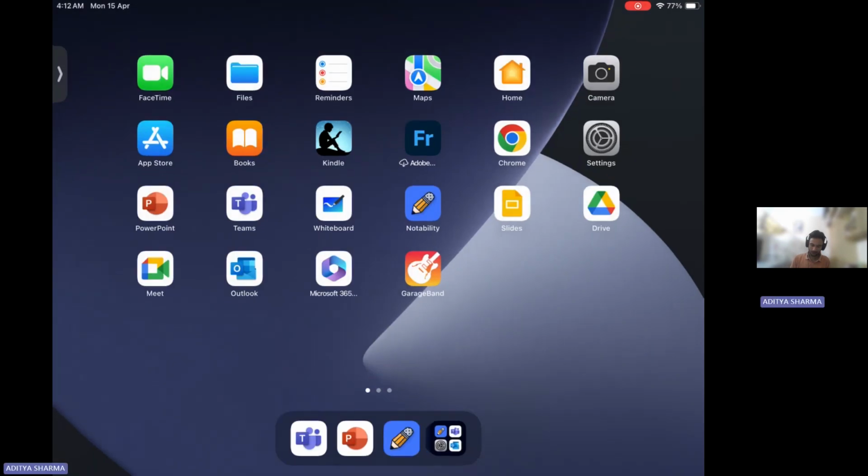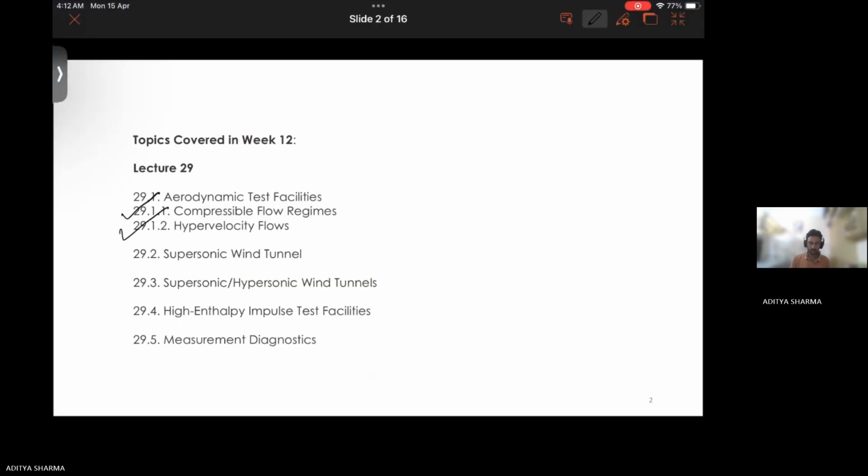After that, the next topic is the supersonic wind tunnel, which we have discussed in one of the previous week's lectures. What is the structure of a supersonic wind tunnel? What are its various components?